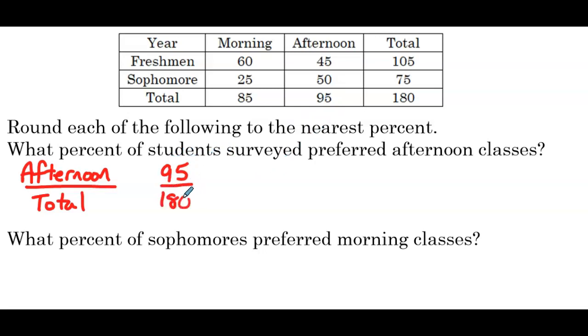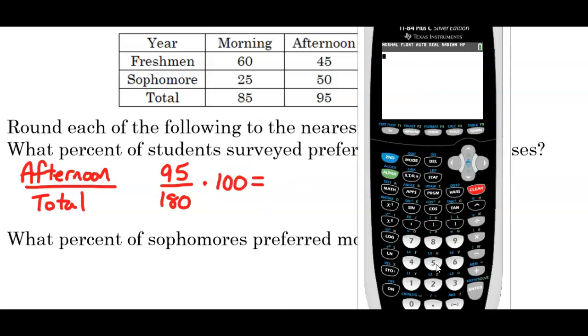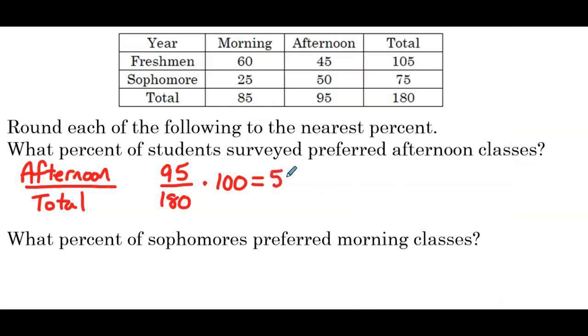There were 180 students total. We need to multiply by 100 to create a percentage. So we'd use our calculator here. So 95 divided by 180 and multiply that by 100. So we have 52.7 repeating. And we're told to round to the nearest percent. So that means 53% of students surveyed preferred afternoon classes.